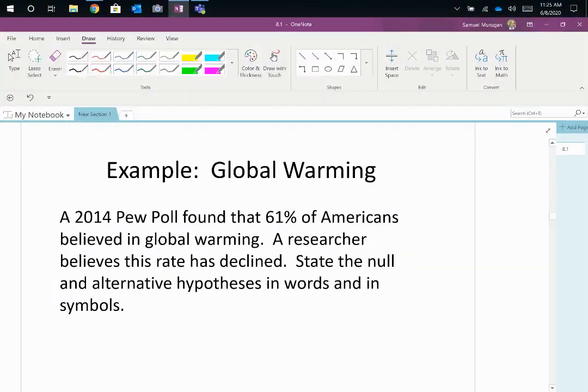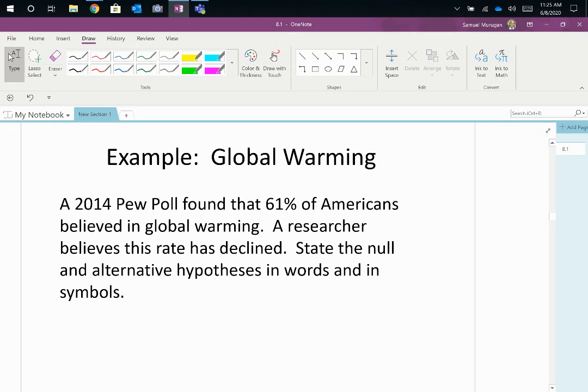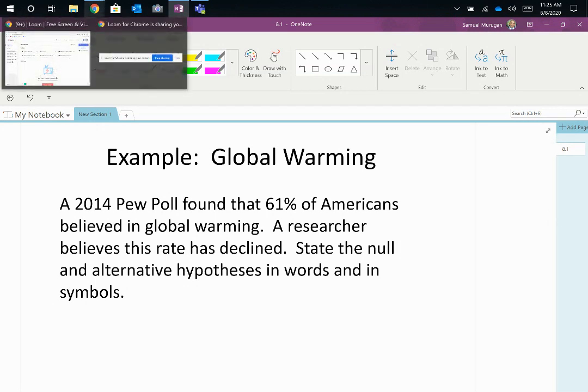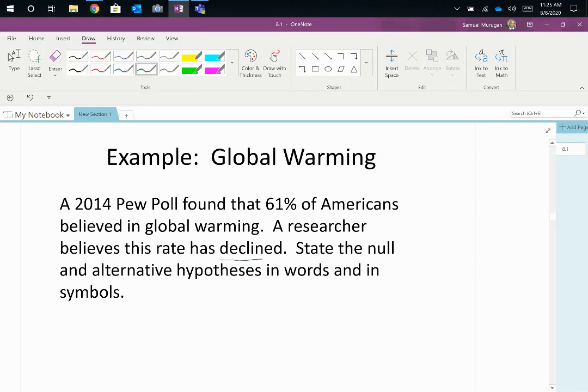Now let's talk a little bit about global warming here. A 2014 Pew poll found that 61% of Americans believed in global warming. A researcher believes this has declined. State the null hypothesis and the alternative hypothesis in words and in symbols. So pay attention here: 61% of Americans.